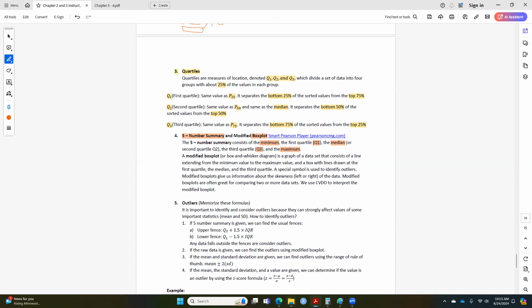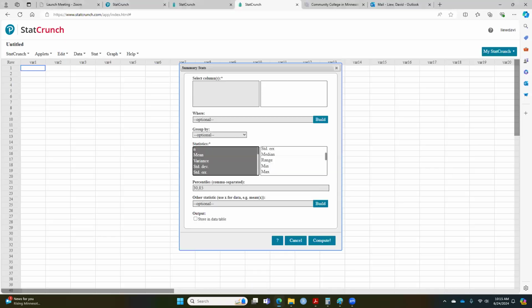And again, you do not need to worry about how to find the 5-number summary, because if you do your Control A, it will have all of it: your median, your minimum, your maximum, your Q1, and your Q3. So once you hit Control A, you probably will cover everything in chapter 3, your 3.1, 3.2, and 3.3.